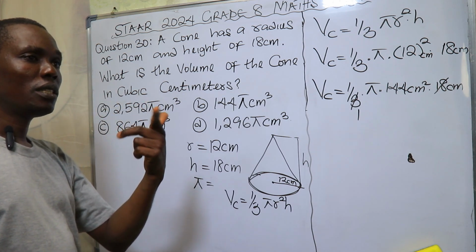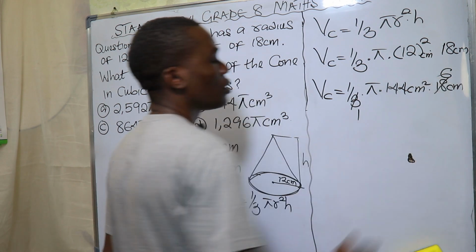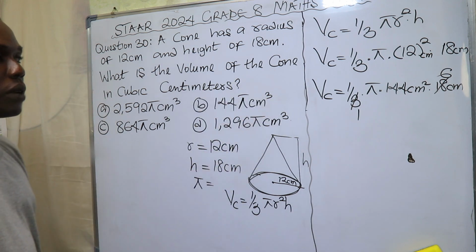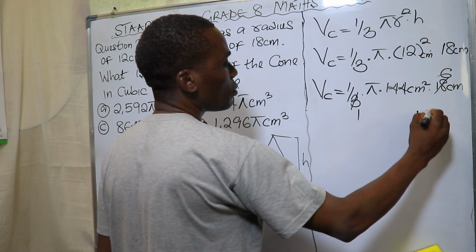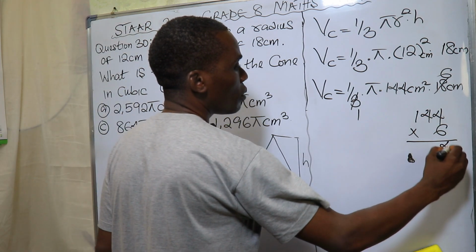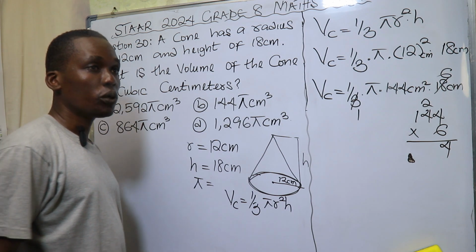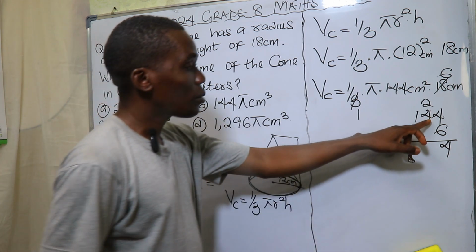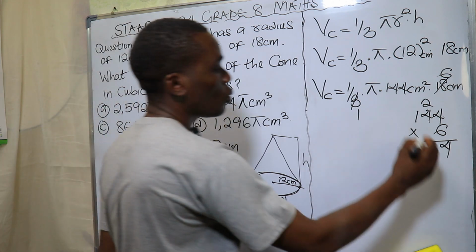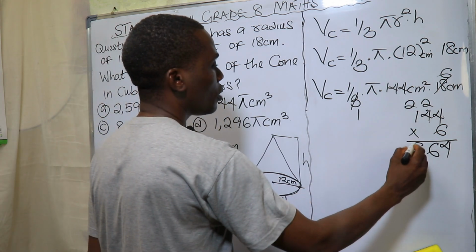If we divide 18 by 3, we have 6. So we multiply 6 by 144. 6 times 4 is 24, so we write 4 and carry over 2. 6 times 4 is 24, plus 2 gives 26, so we write 6 and carry over 2. 6 times 1 is 6, plus 2 gives 8.